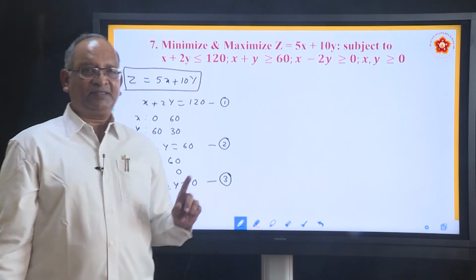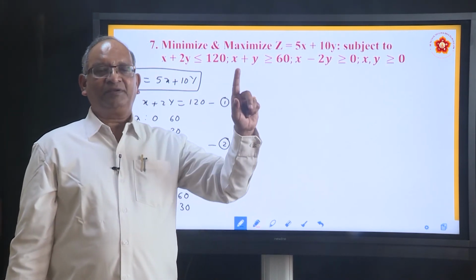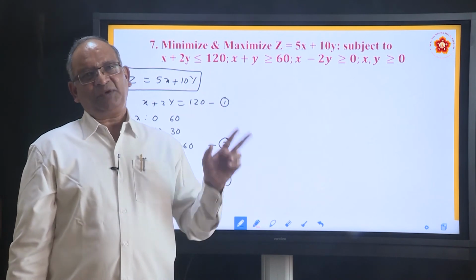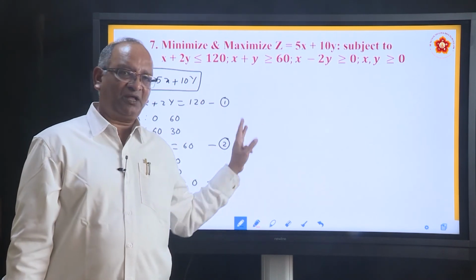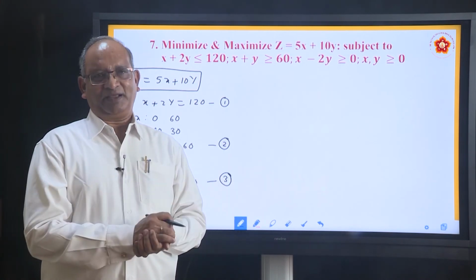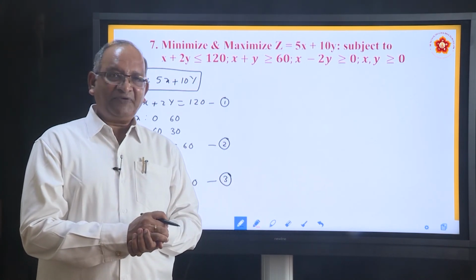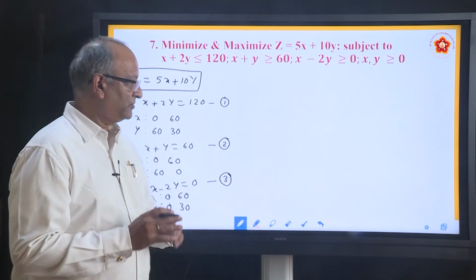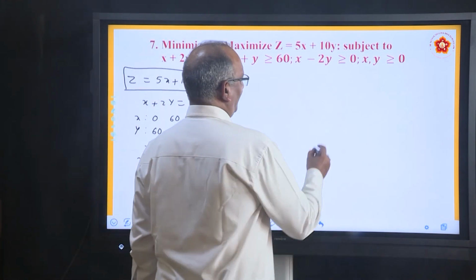If you remember, in the first problem, there was only one line we had drawn. Second problem, we had drawn 2 lines. Now in this problem, we have to draw 3 lines. And then we have to find out the common area. So the graphical part is very, very significant. So now let us draw it.